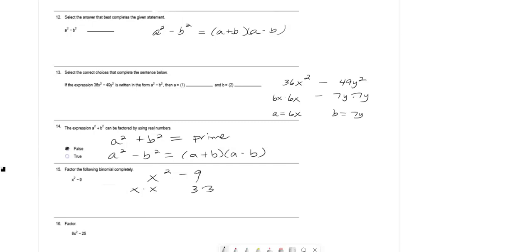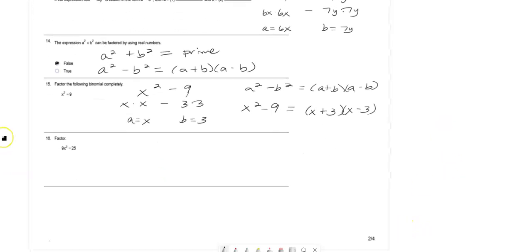We have the difference between those two. So using the formula a squared minus b squared, where our factors are a plus b times a minus b, simply means that we're going to use x for a in the formula, and we're going to use 3 for b in our formula. So we factored x squared minus 9 into x plus 3 times x minus 3.